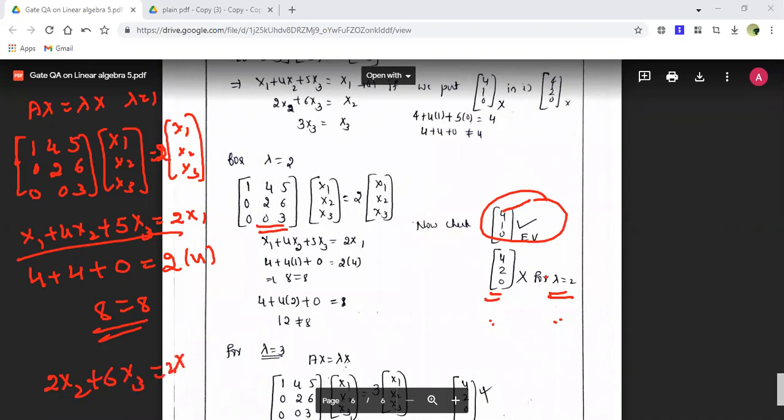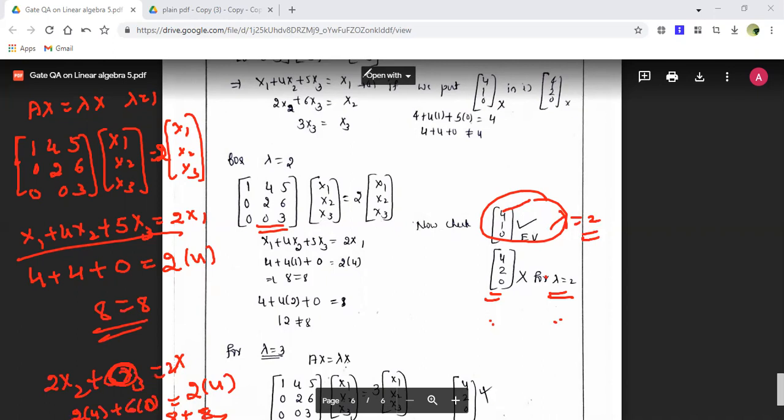If you substitute here, 2 into 4 plus 6 into x3, and x3 is 0, so this will be 0 here. So this is 8 equal to 8, which means again 4, 1, 0 will be an eigenvector. For any equation you take, guys, this will satisfy. Therefore 4, 1, 0 will be an eigenvector corresponding to lambda is equal to 2.